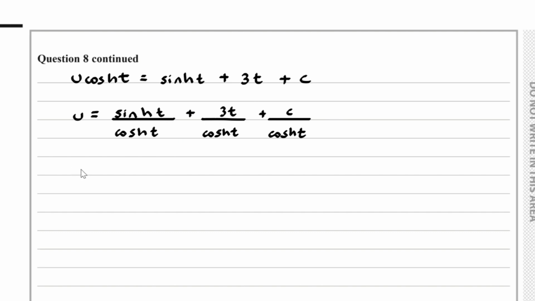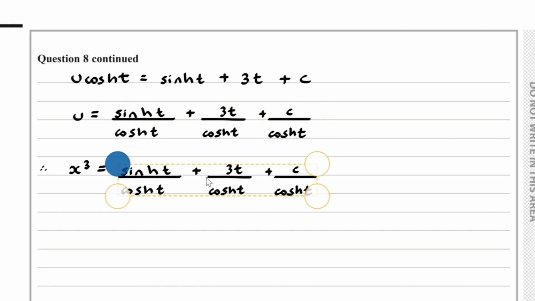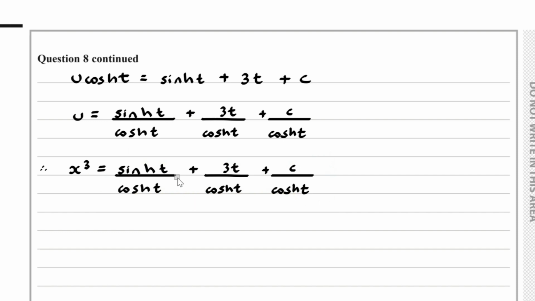And knowing that u is equal to x cubed, we've got x cubed, which is equal to all of this. So x cubed is equal to sine t over cos t plus 3t over cos t plus c over cos t.